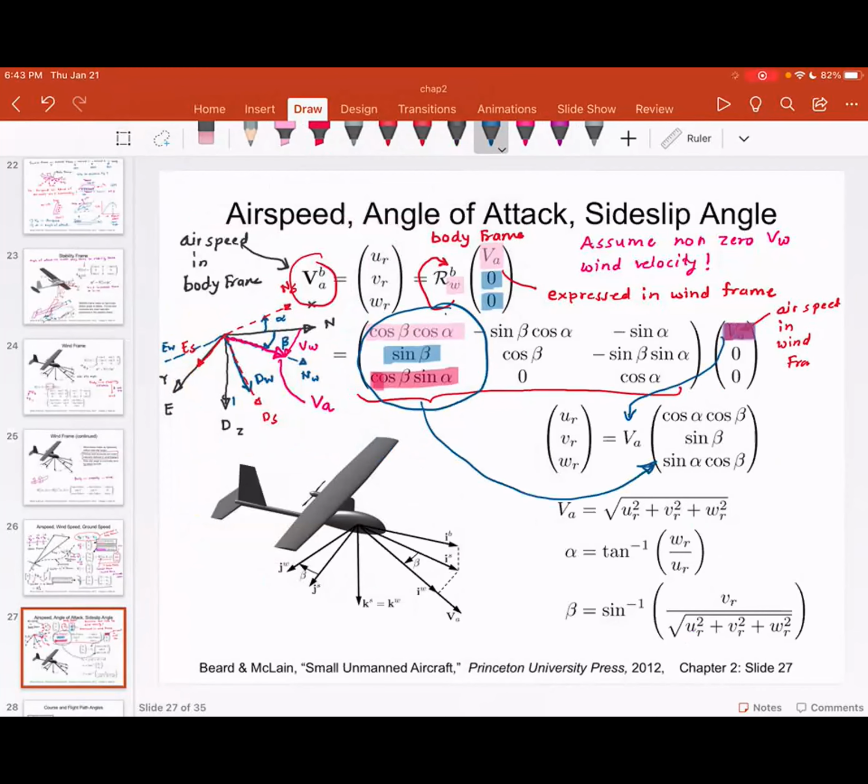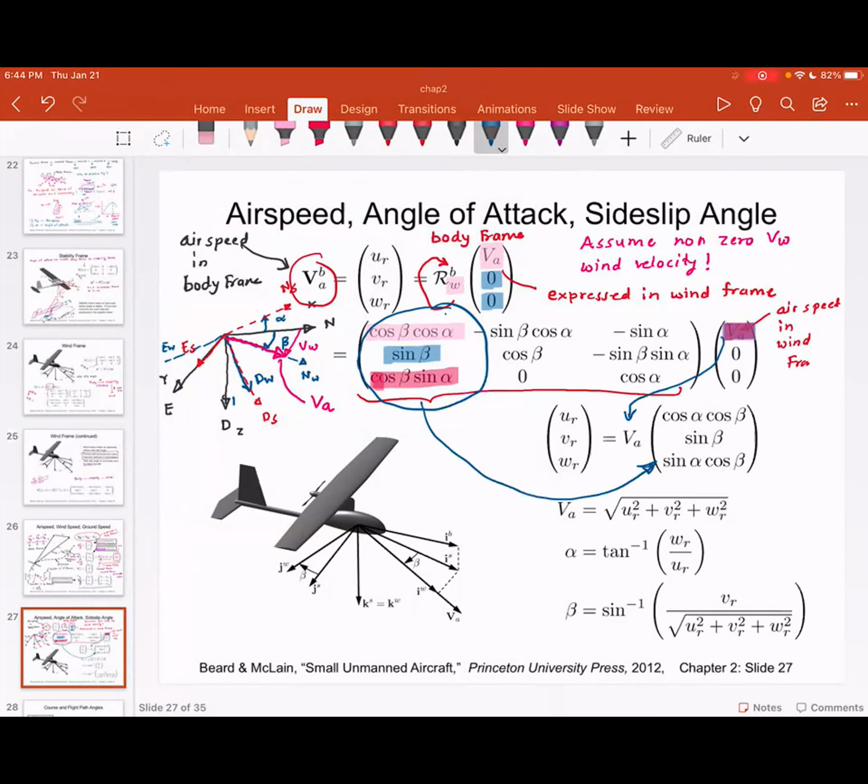And what that means is I can find the components UR, VR, WR, and I can relate those with the wind speed and the airspeed. So airspeed is found by finding the components of the air velocity in UR, VR, WR, and these UR, VR, WR are nothing but the air velocity in the body frame.